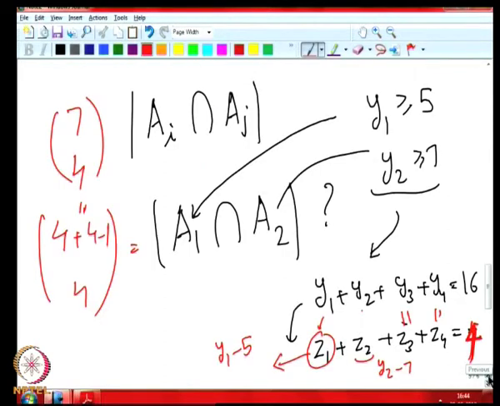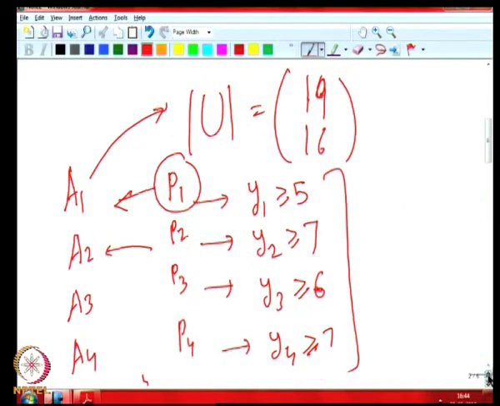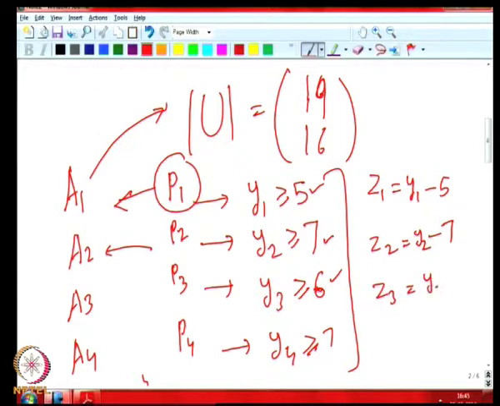so that means our condition here is that the undesirable properties are 3, 5, 7 and 6. Corresponding sets will be: Z1 defined as Y1 minus 5, Z2 defined as Y2 minus 7, Z3 defined as Y3 minus 6, and Z4 will be Y4.